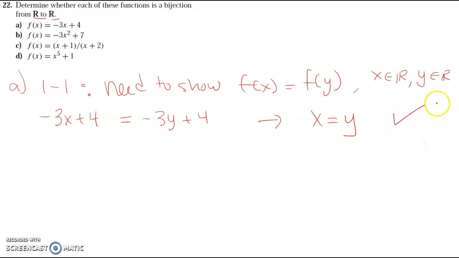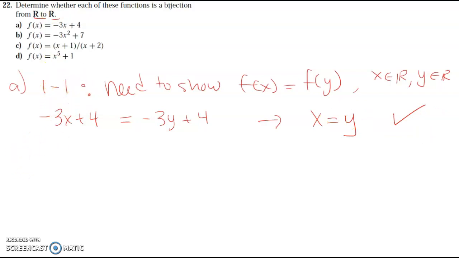So therefore, we have just shown that this function is one-to-one. If you get something different, then you have proved that this function is not one-to-one. So this is our goal. Our goal is if we set these 2 functions equal, and we do get to a value of x equals y, then we have proved one-to-one. And we'll see a case where this is not satisfied.